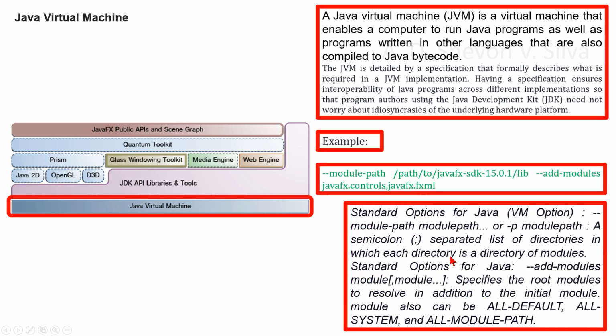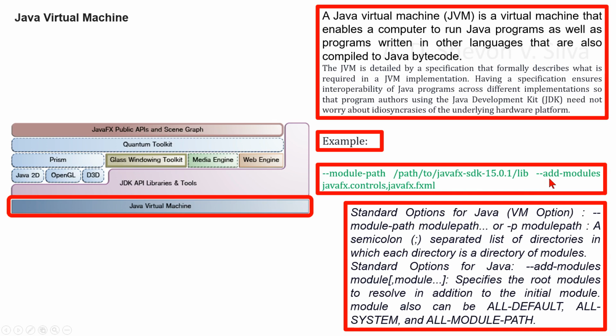As an example, we can consider these standard options for Java VM. Option: --module-path, or -p, module path, a semicolon separated list of directories in which each directory is a directory of modules.